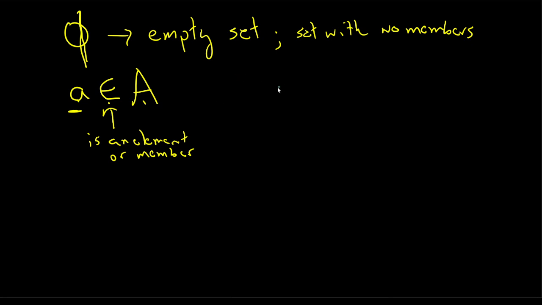So there's a couple different ways we can talk about sets. I've already started talking about one of these here. I can define a set by listing the elements, or I can use a rule. So we call this a list.